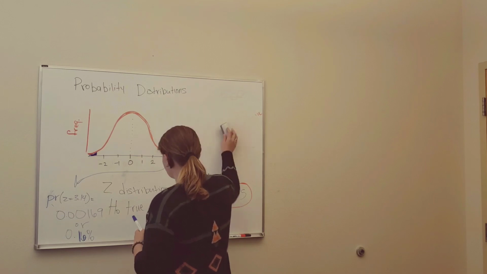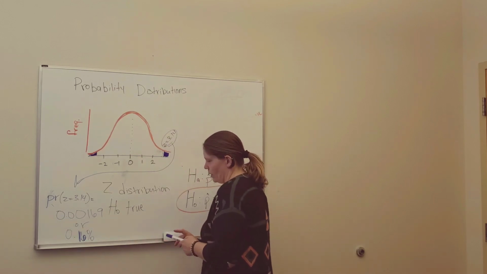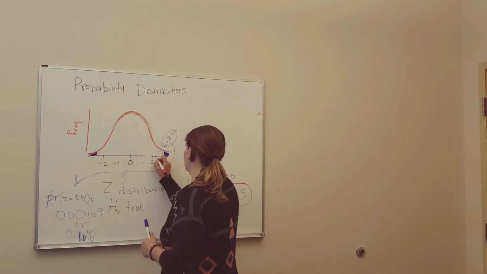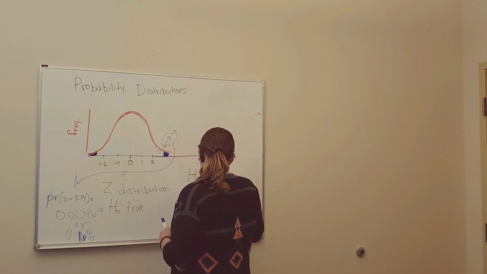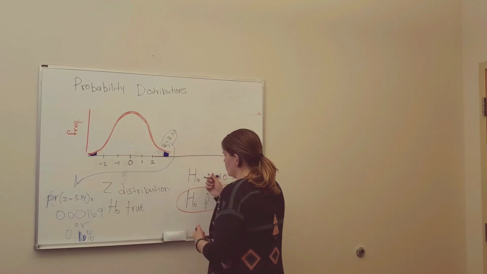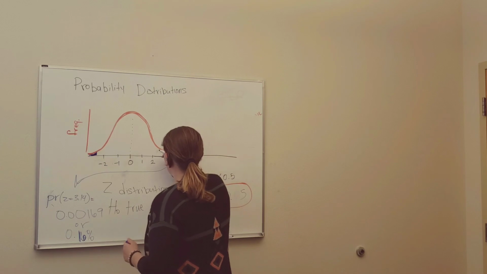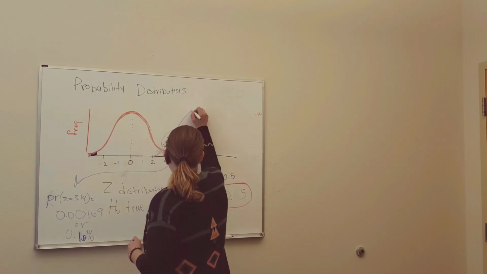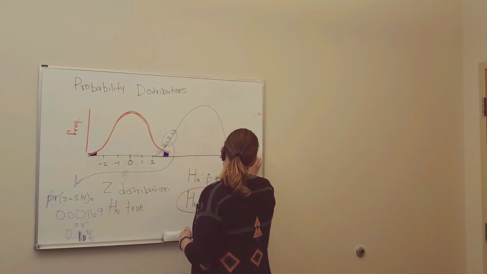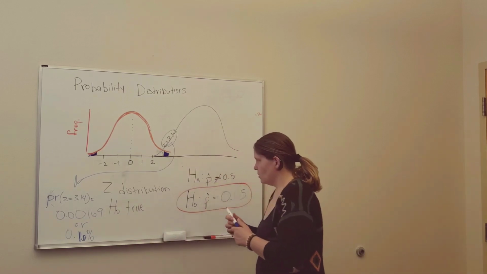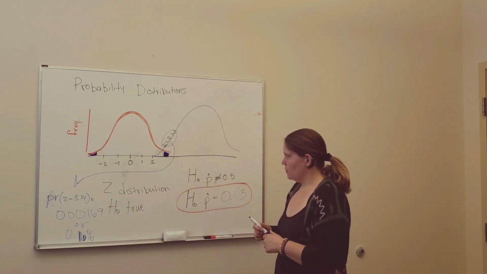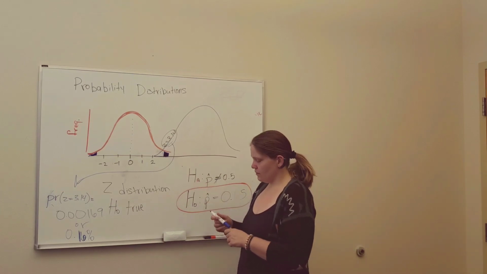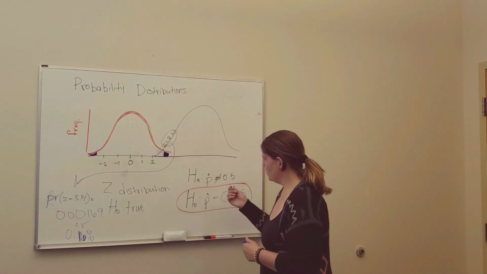Well, what's our different distribution? Our different distribution is basically what the z-statistics look like when the proportion is bigger than 1 out of 2. So we have a small portion of values here. Let me label this.